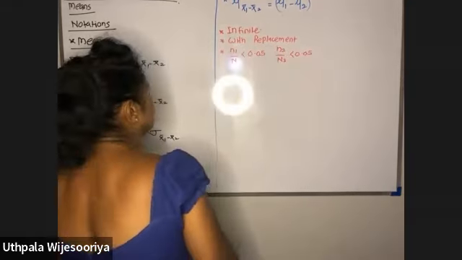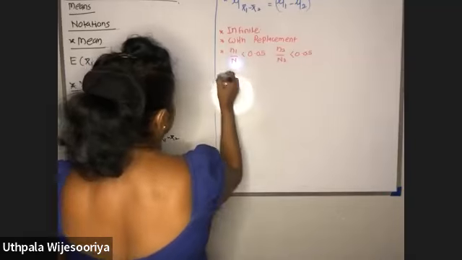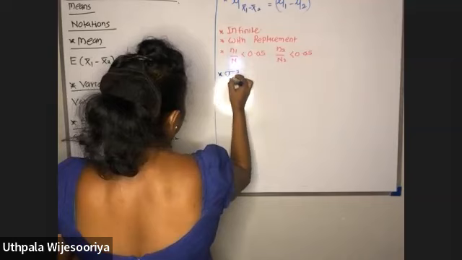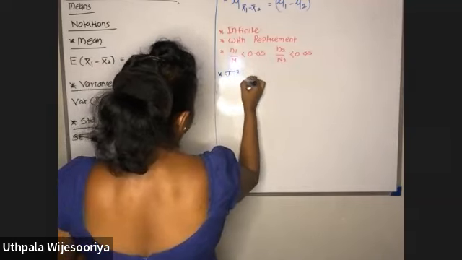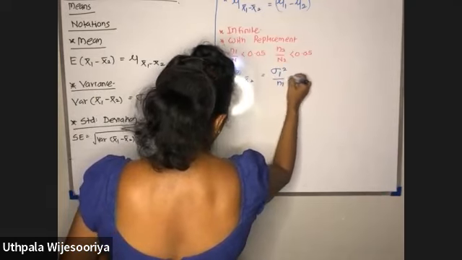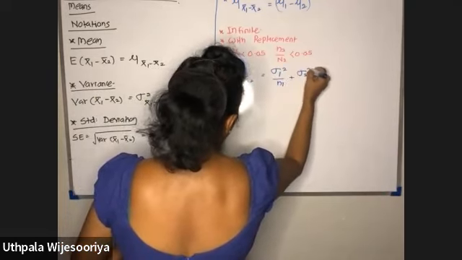Under these conditions, the variance of X bar 1 minus X bar 2 is equal to sigma 1 square over n1 plus sigma 2 square over n2.